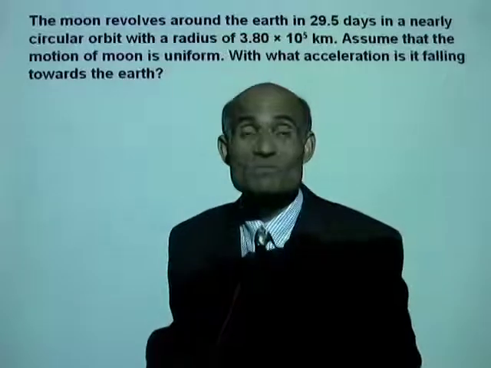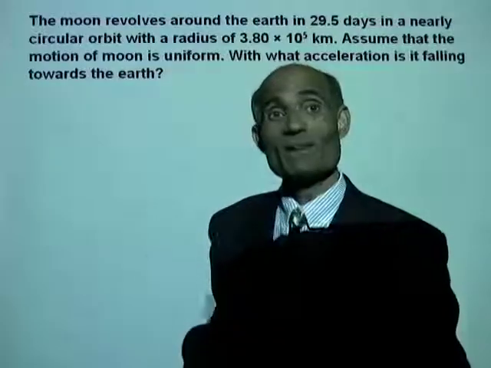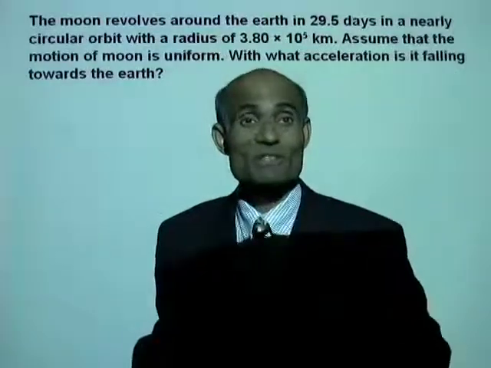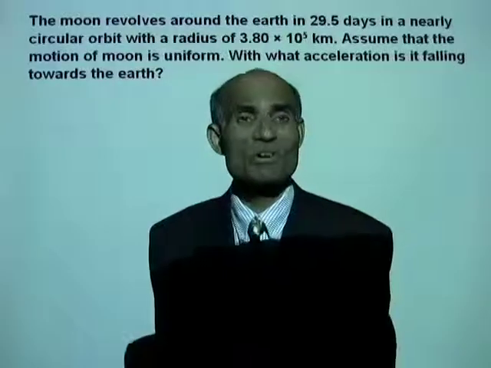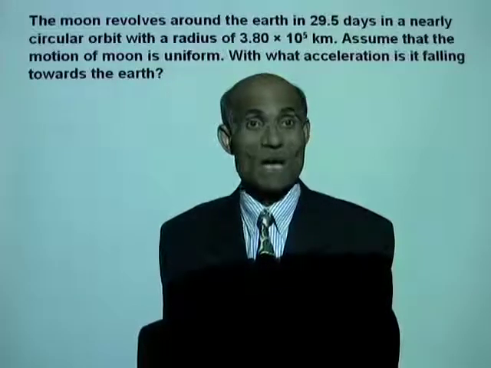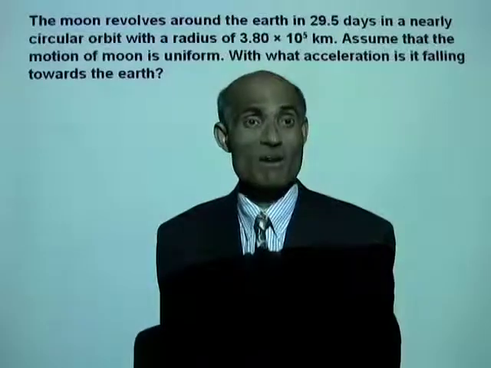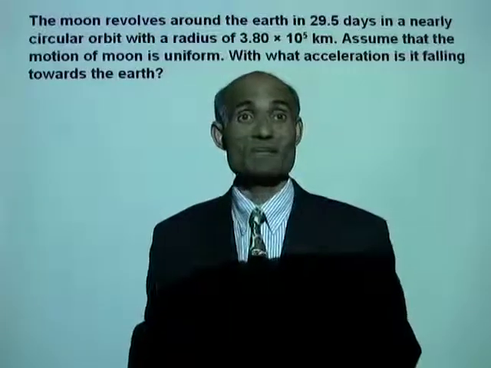What is its centripetal acceleration? Well, we have the data and you know the equation for the centripetal acceleration. Do you know what the equation for centripetal acceleration is? a equals v squared over r, but we don't know v, the linear speed.